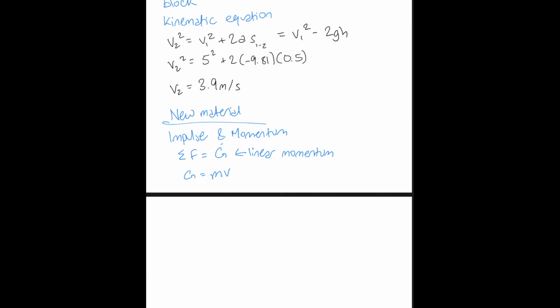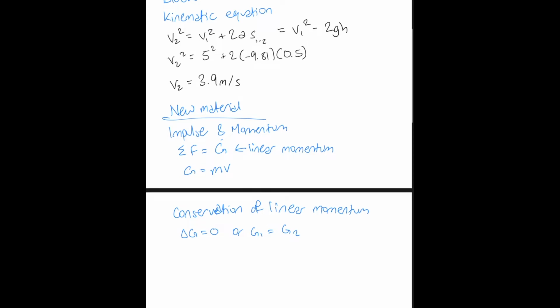And to find the linear momentum, we need to do the conservation of linear momentum. So the conservation of linear momentum equation is delta G is equal to 0, or G1 is equal to G2. So the momentum in both systems, so the momentum always has to be equal.